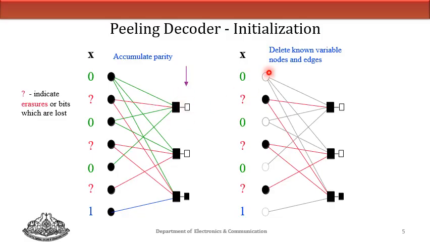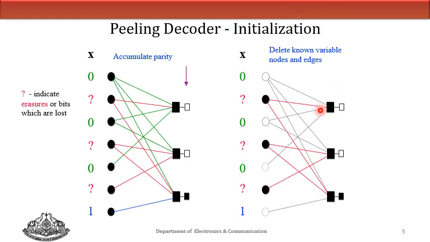So the check nodes will delete the known variable nodes and their edges. That is, these green lines are the edges from the variable nodes whose values are already known. What the decoding does is, we have to find out these erased values somehow, and through this message passing it is being done.